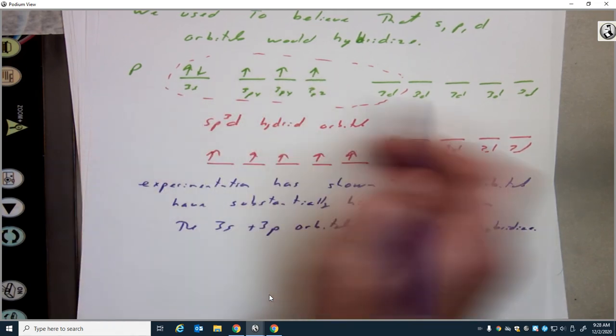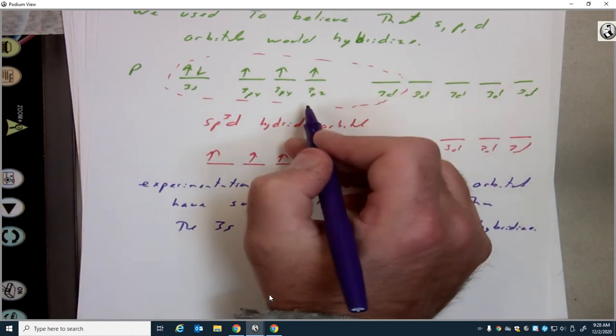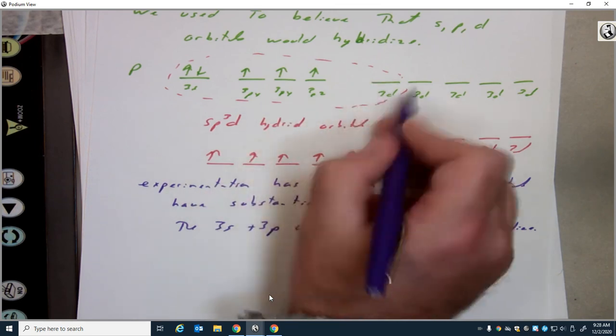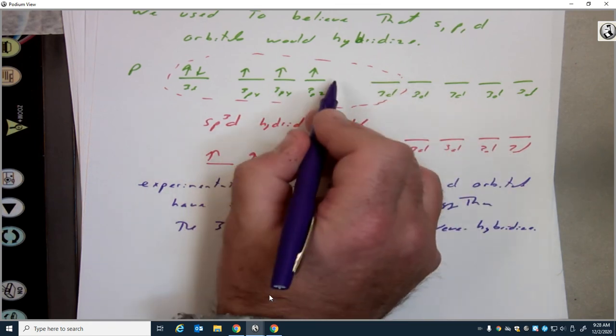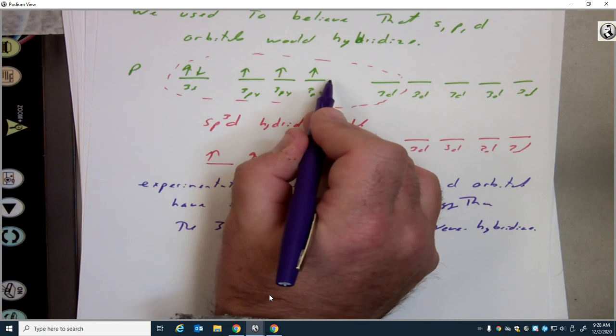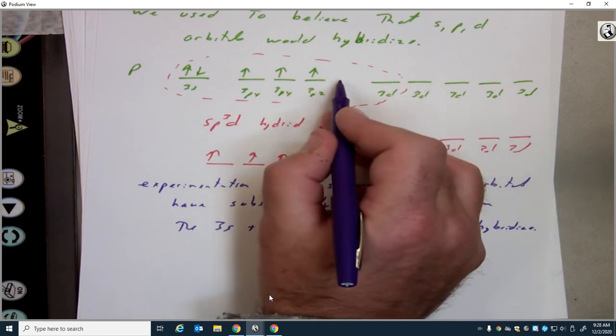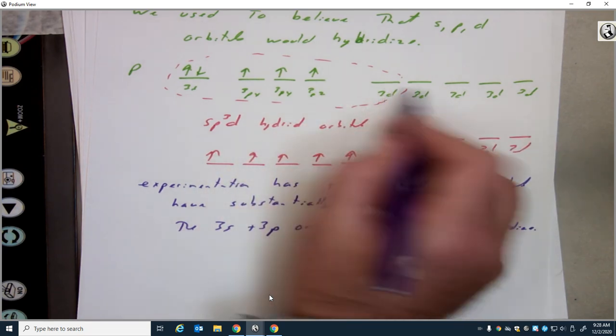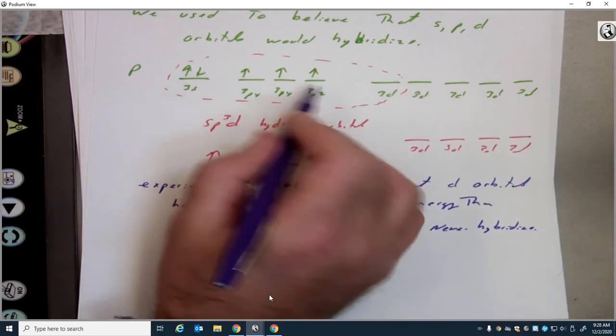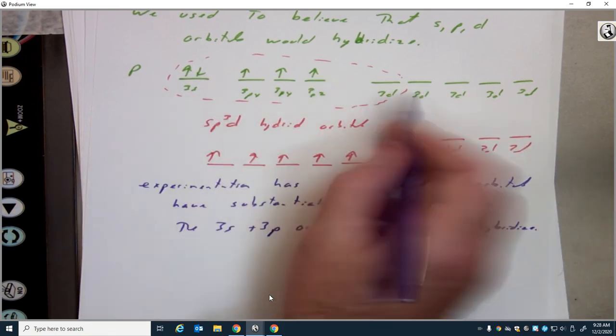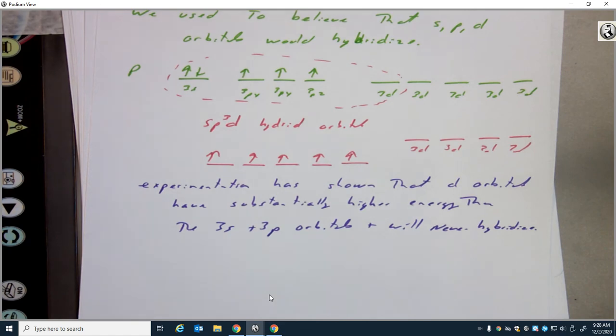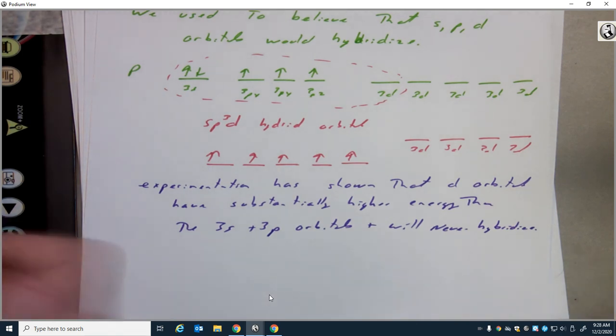Okay. So remember, matter of fact, before we put anything in a 3D, we put them in the 4s first. Okay, so the 4s actually has less energy than a 3D. So these guys have a lot more energy than these. So it turns out that this hybridization won't happen. So what does happen? Well, I'll be honest. That's a good question.